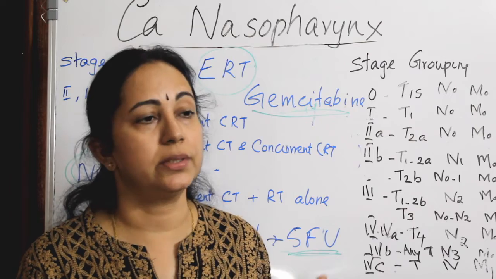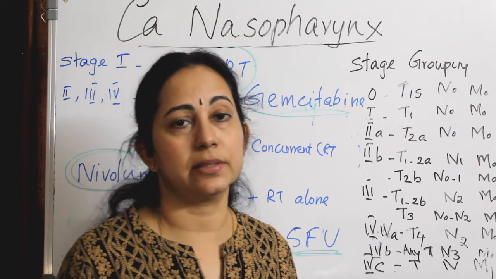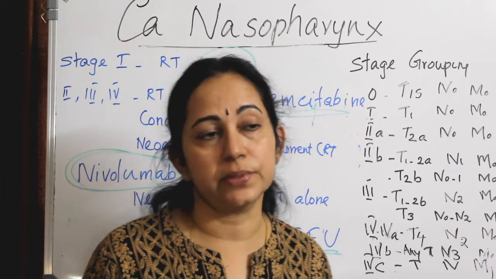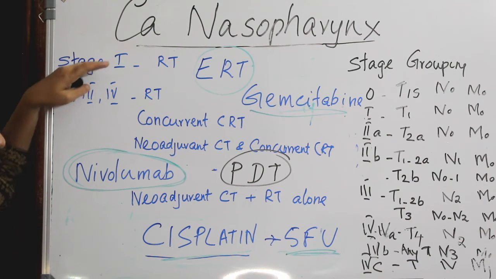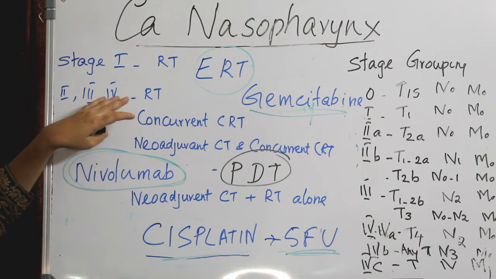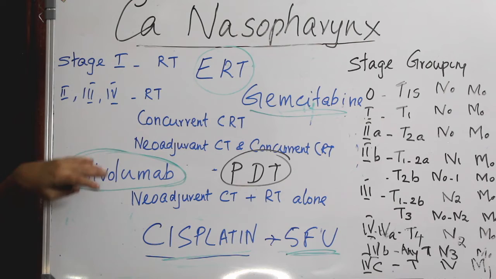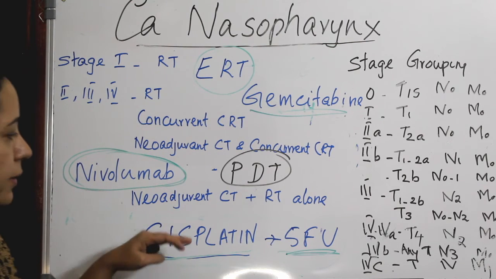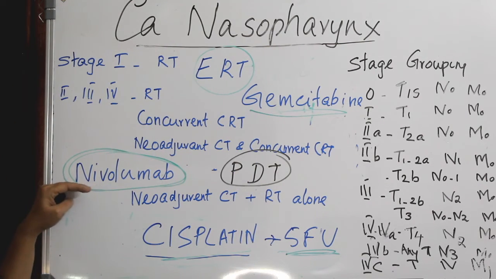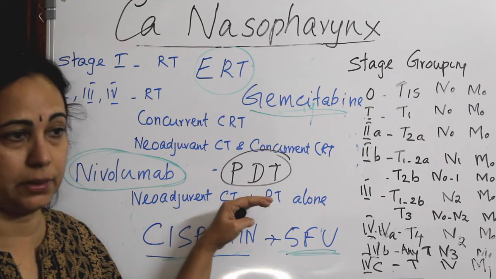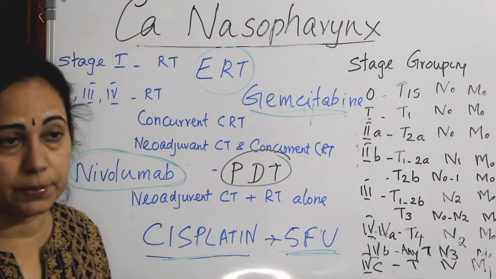Then we have to go for salvage therapy, and that is the only role of surgery in CA nasopharynx. So these are the treatment options: radiotherapy for early stages, then chemo-RT for advanced cases, and cisplatin, 5-FU, gemcitabine, and immunotherapy with nivolumab and photodynamic therapy.